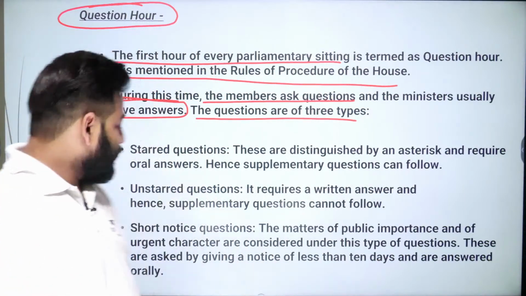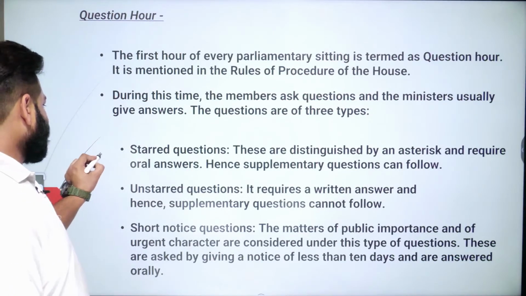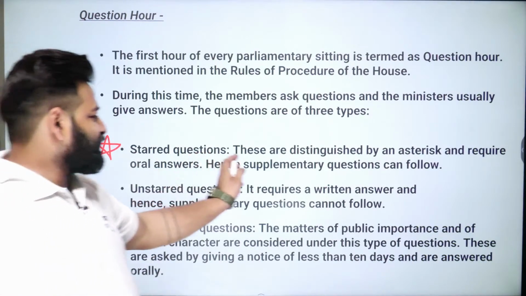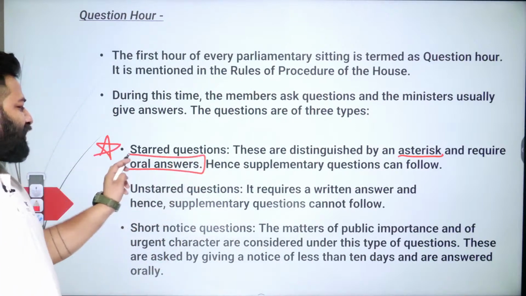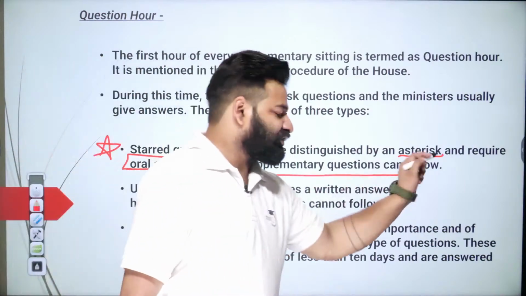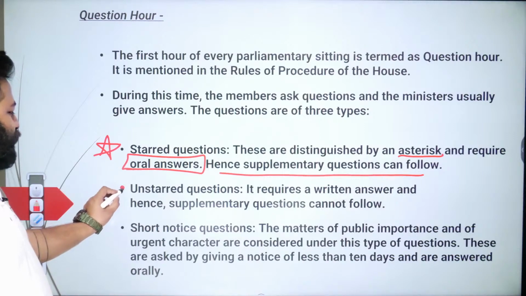So here we go. Starred question, as in, obviously they have this asterisk mark with them. Starred questions are distinguished by an asterisk mark and require oral answers only. Hence, supplementary questions can follow. Second one, unstarred question, having no asterisk mark.